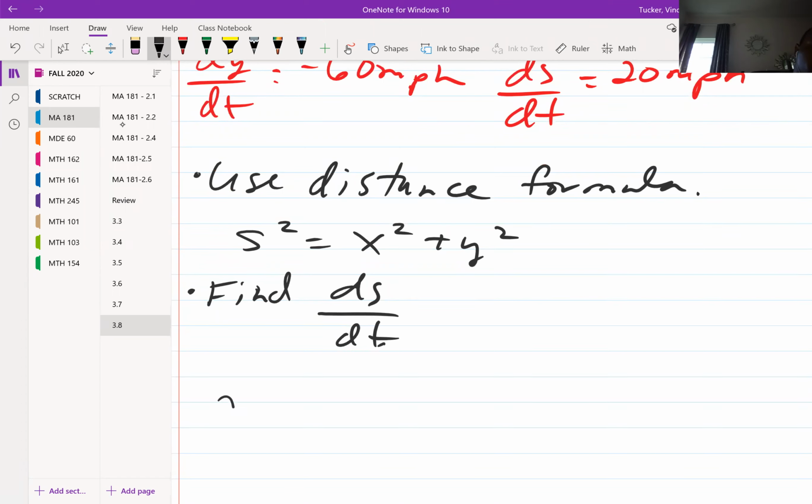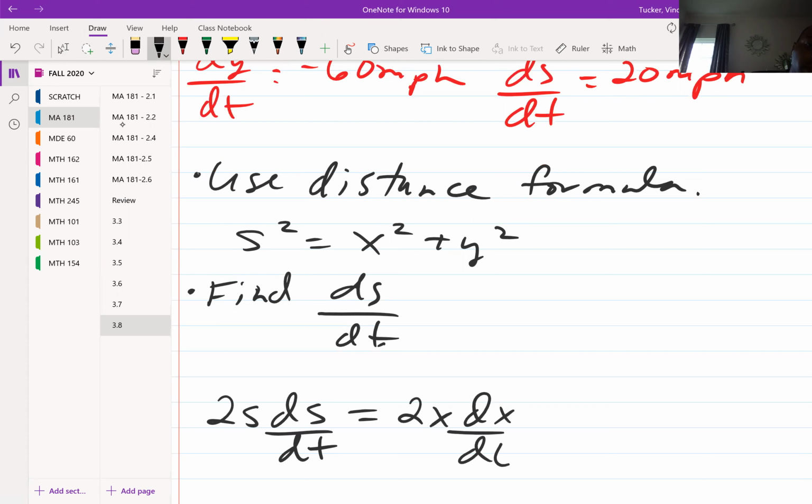So the derivative of that would be 2s ds/dt equal to 2x dx/dt plus 2y dy/dt.